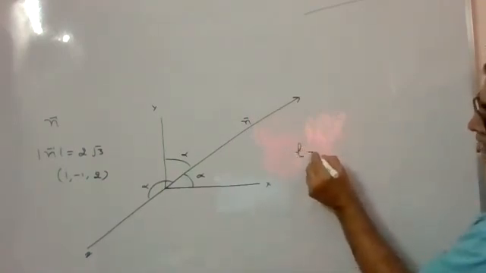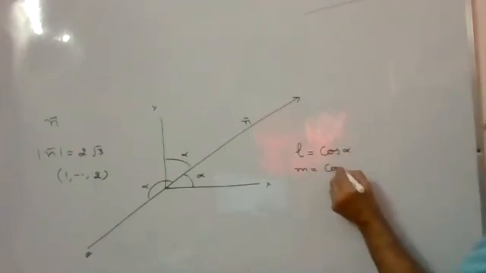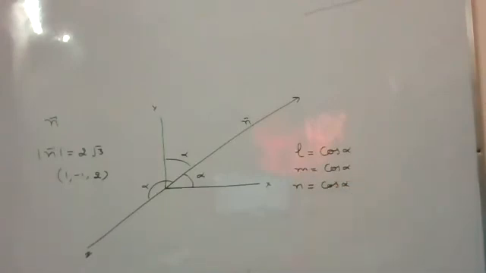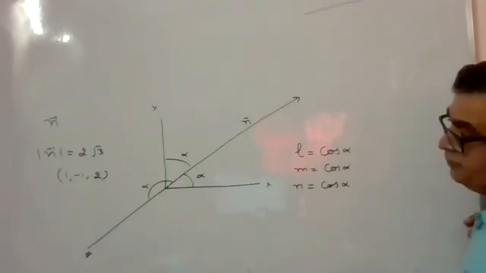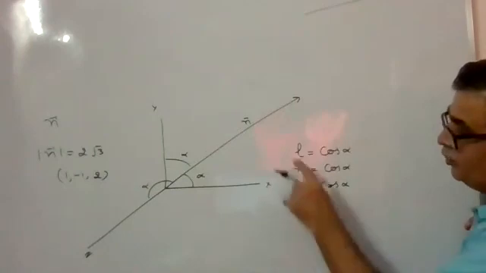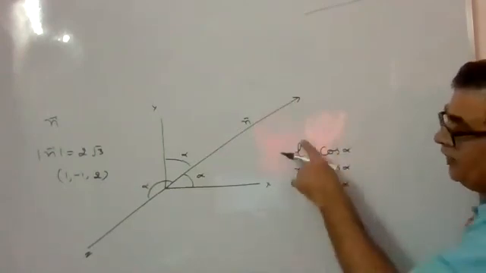That means what is l? l is cos alpha, m is cos alpha, n is cos alpha. l, m, n are the direction cosines, because the angles are known, so I can get the direction cosines. Can you get l, m, n now?